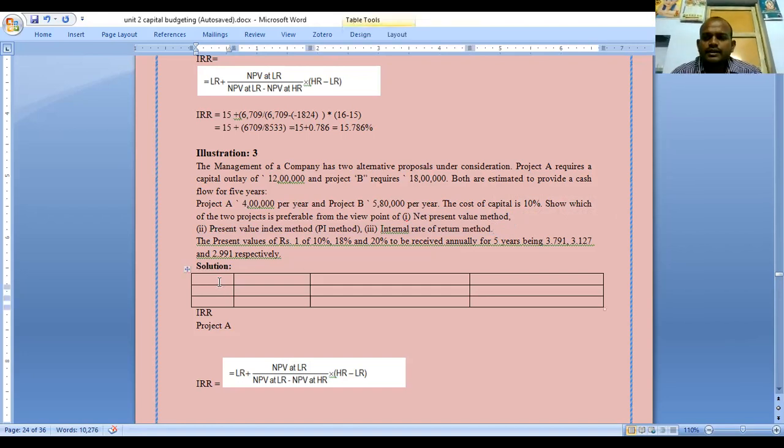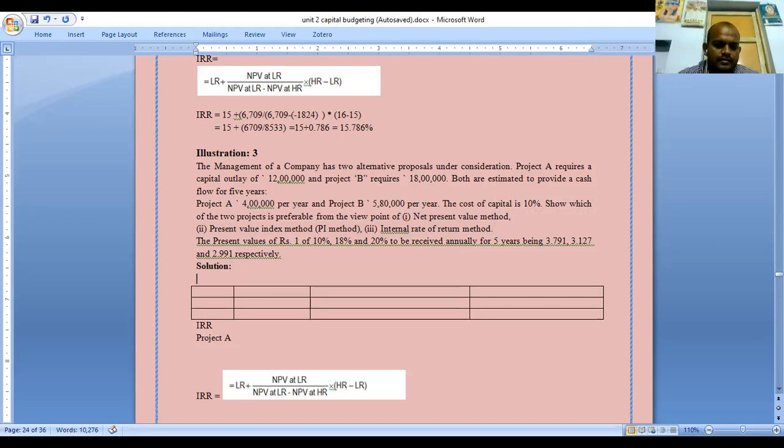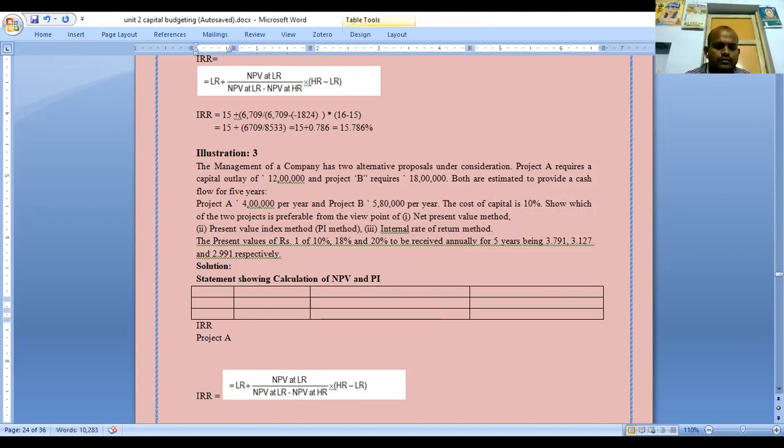So let us prepare a statement showing calculation of NPV and PI. Method, particulars, project A and project B. Method is NPV, first method.